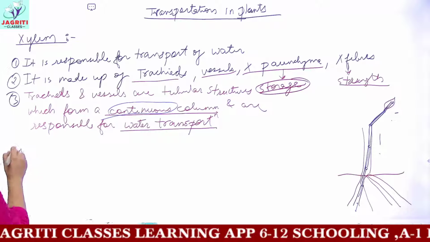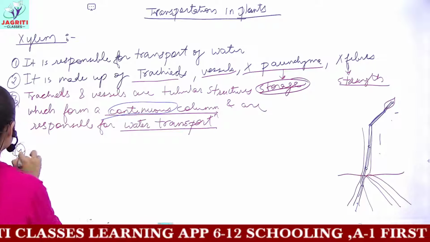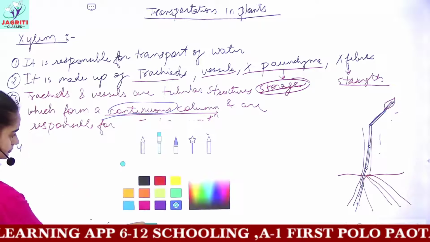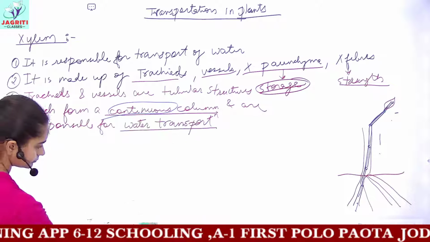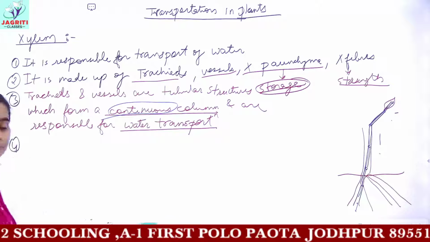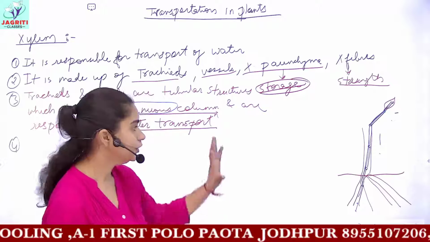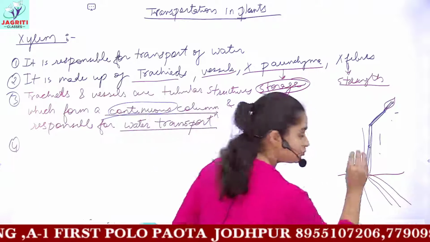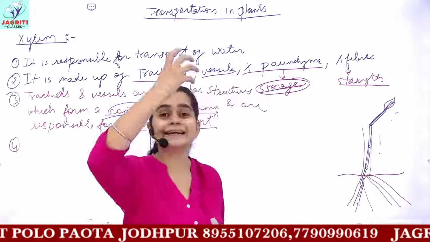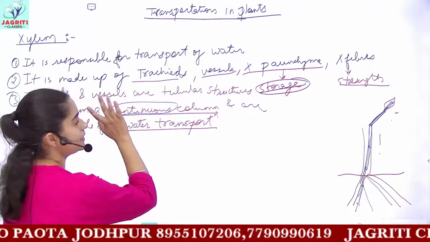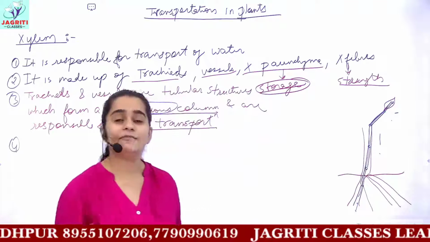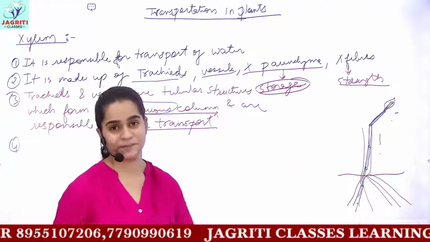Now one more thing which you should remember about transportation of water. The 4th point: you understood that once the root absorbs water, this water travels through the continuous conducting column of tracheids and vessels, and in turn every plant part receives water.